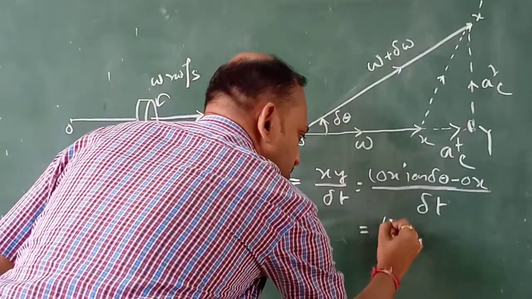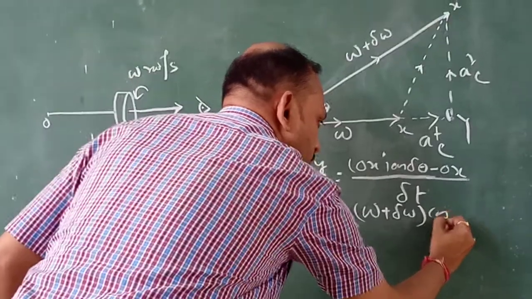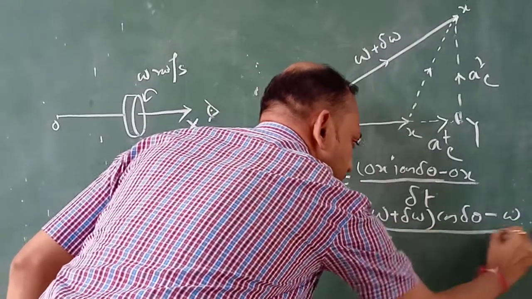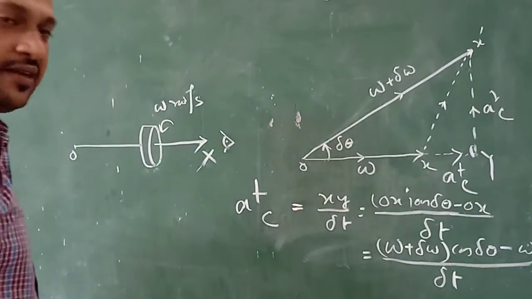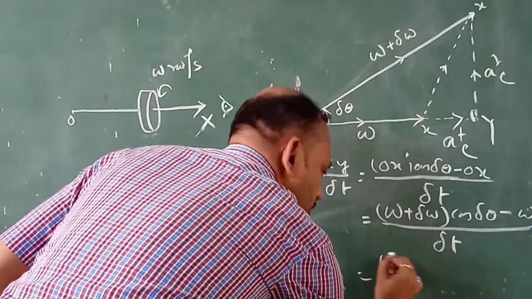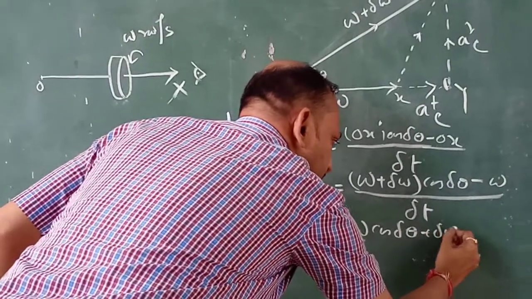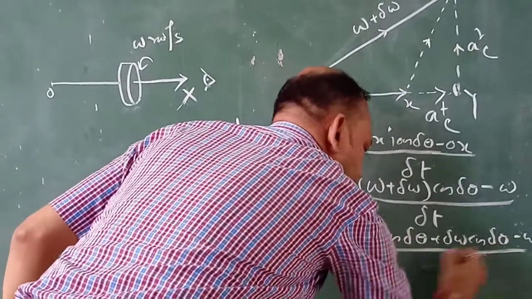That is equal to omega plus del omega cos del theta minus omega divided by del t. And this can be simplified as omega cos del theta plus del omega cos del theta minus omega divided by del t.